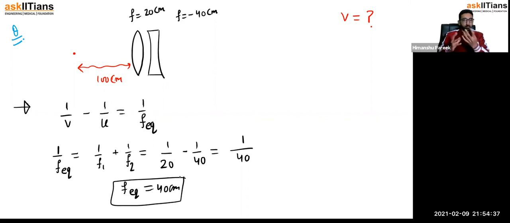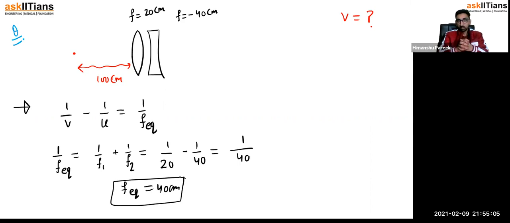We can just check the calculations here. 1 by 20 minus 1 by 40. We can take 1 by 20 common, so 1 minus 1 by 2, that's giving us 1 by 40. Notice one point here: the overall focal length we are getting is plus 40, which means the combination would act like a convex lens.